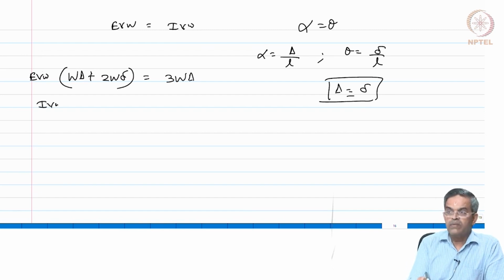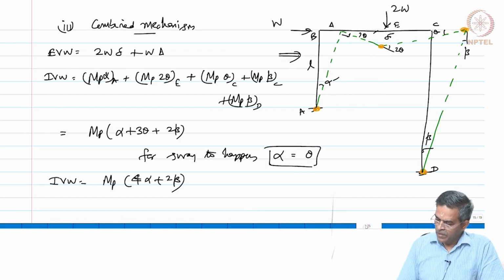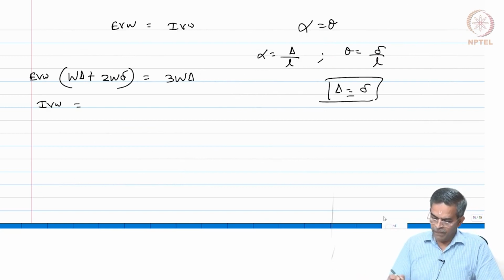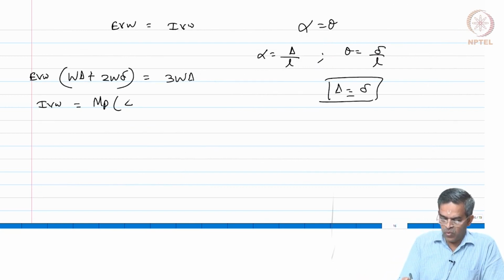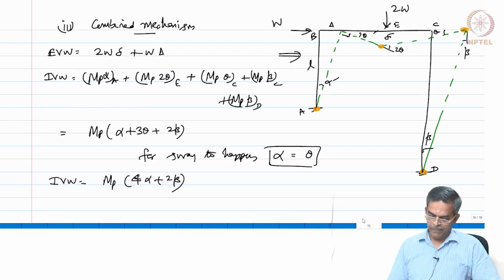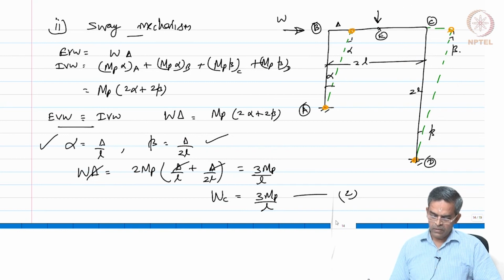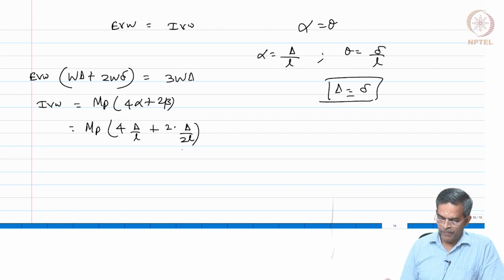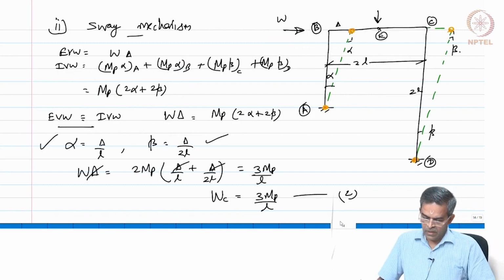Internal virtual work is going to be MP times of 4 alpha plus 2 beta, and alpha is delta by L and beta is delta by 2L. So, MP times of 4 times delta by L plus 2 times of delta by 2L, is it not?